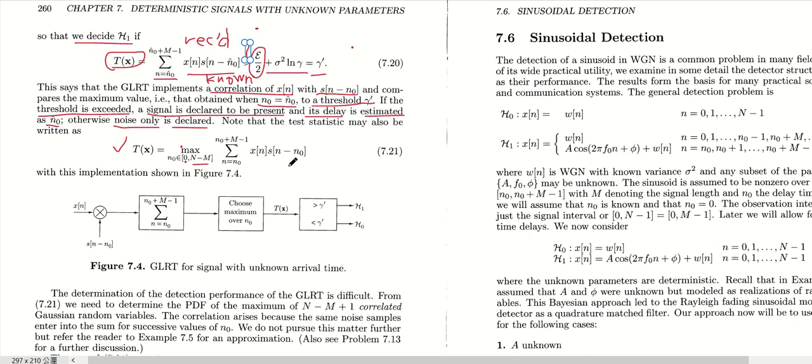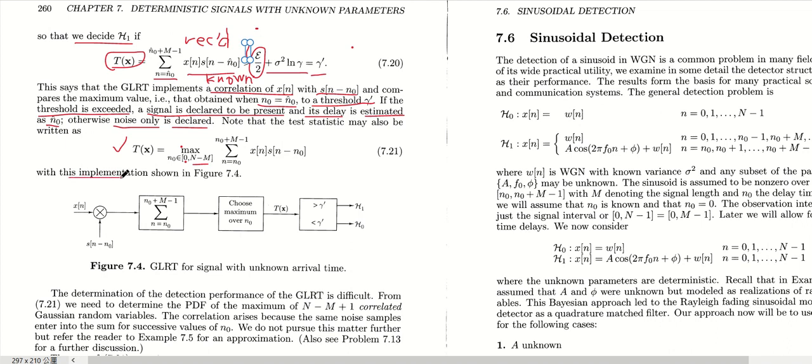You send out a signal, the target is hit by the signal and reflects it, and then the signal comes back. You want to know the delay of the signal, which is not easy, but you take in the s and correlate it with your received signal and see what time delay correlates the best. The time delay that correlates the best is the maximum likelihood estimation of the time delay.